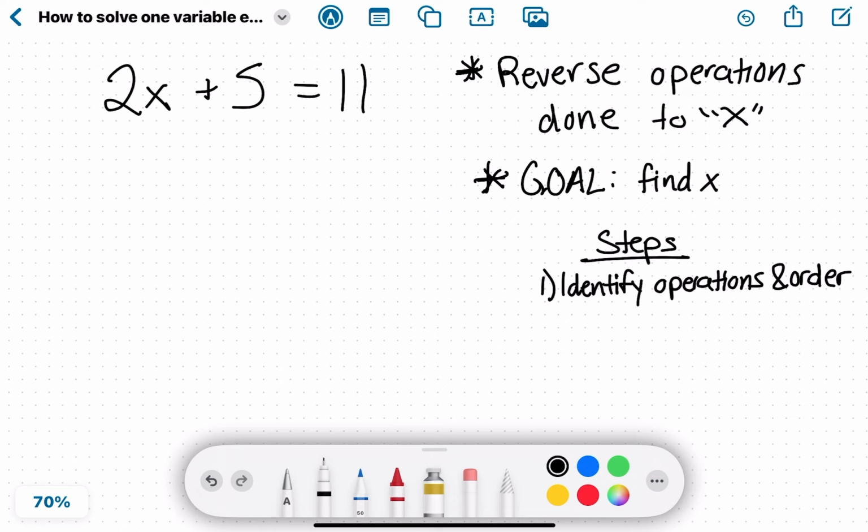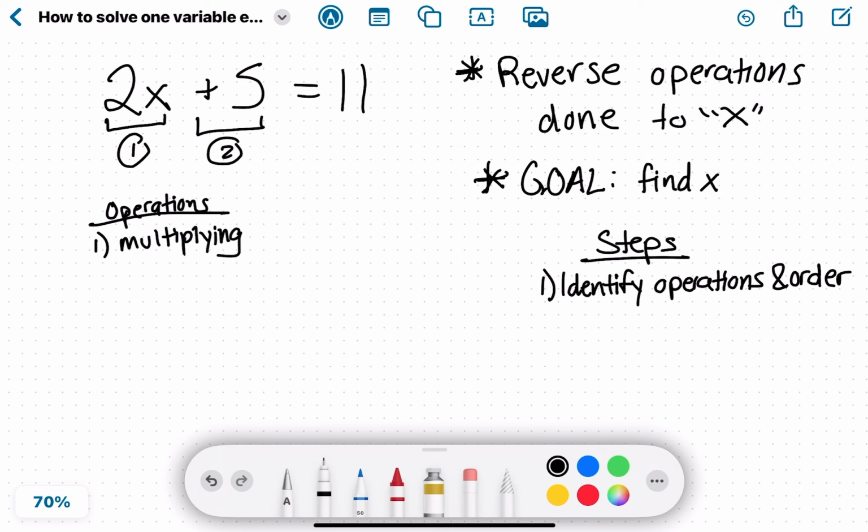First, the closest thing that's being done to x is it's being multiplied by 2. Next, after that, 5 is being added to it. So our order of operations would be first multiplying by 2, and then adding 5.